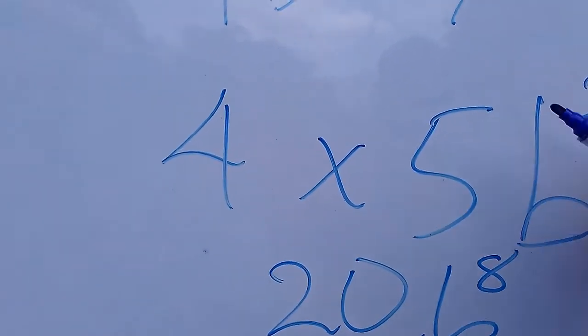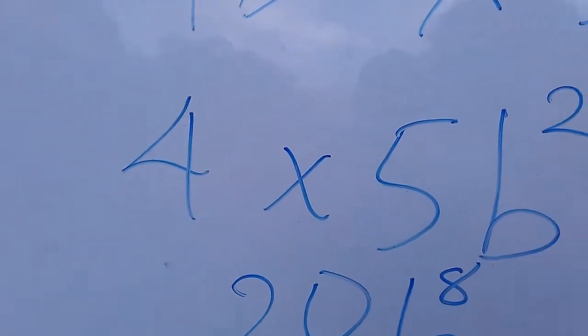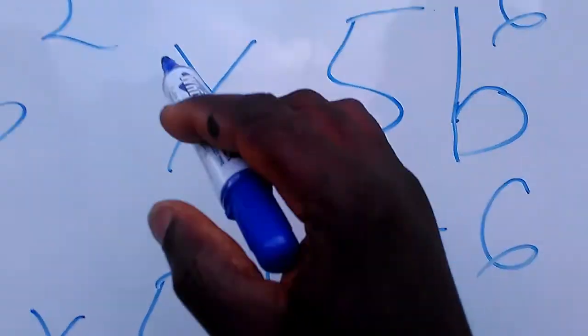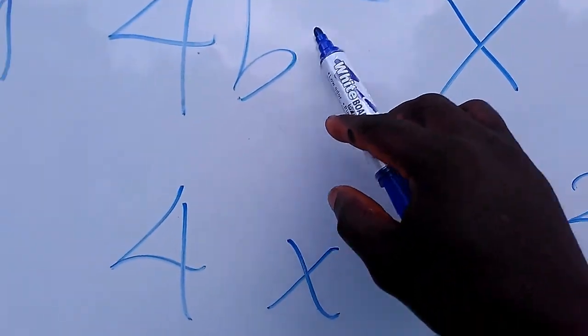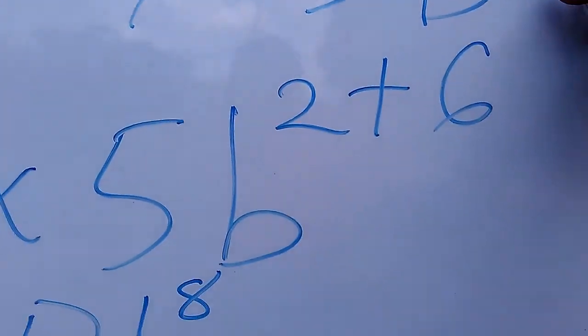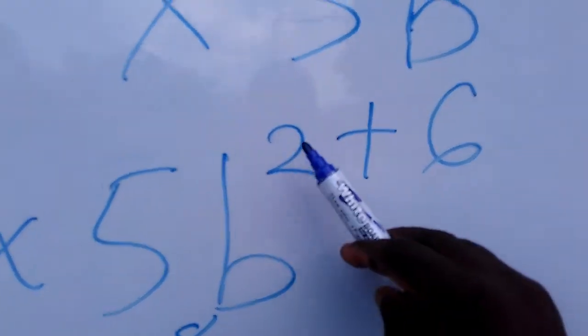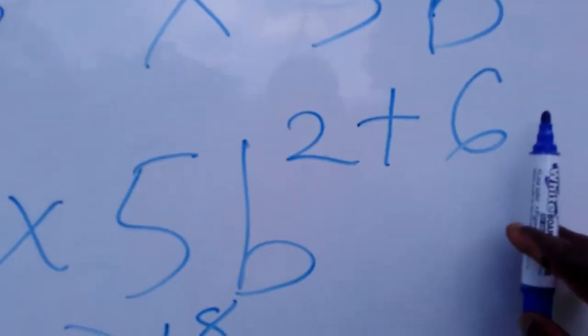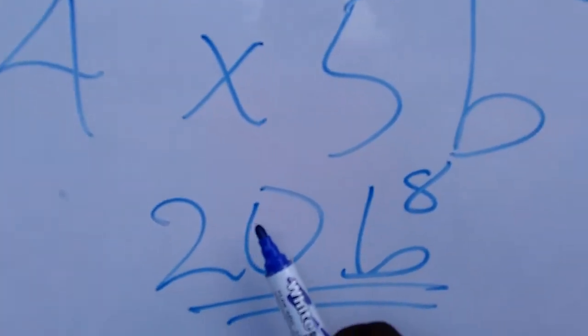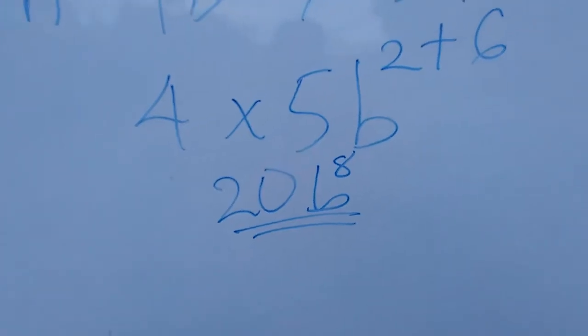Then the b terms are now identical. Since they are identical, we are applying the first law of indices. That is b squared times b raised to the power 6 will give you b to the power 2 plus 6. So now we have 20b raised to the power 8.